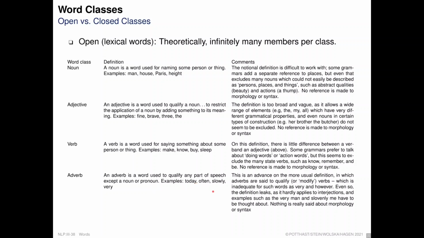So you can, for instance, walk slowly, or they can modify a whole sentence. Today, something happened. Typically, as is noted here in the comment, adverbs are used to qualify verbs. This is inadequate, of course, because they can also modify other grammatical entities.